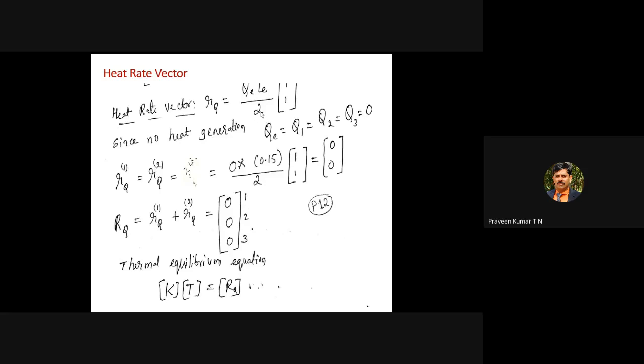Why you divide by 2: consider element 1, where the total amount of heat generated through the element is, let it be, 1000 watt. That 1000 watt should be equally distributed to node 1 as well as node 2. So node 1 shares around 500 watts, and another 500 watts is added to node 2.